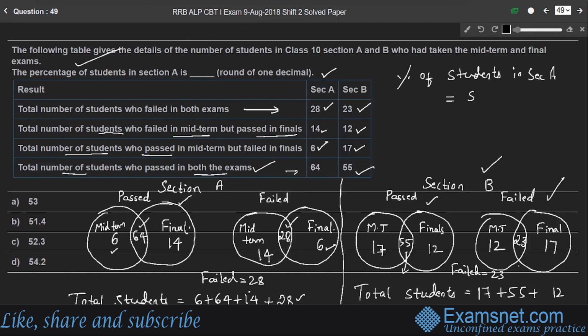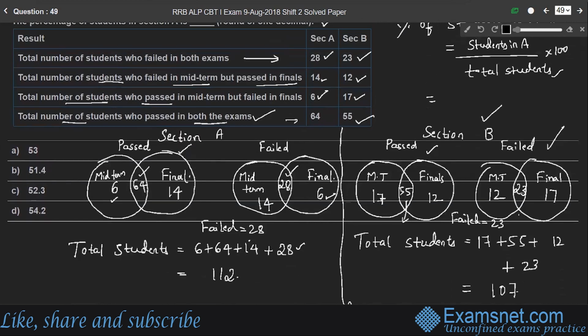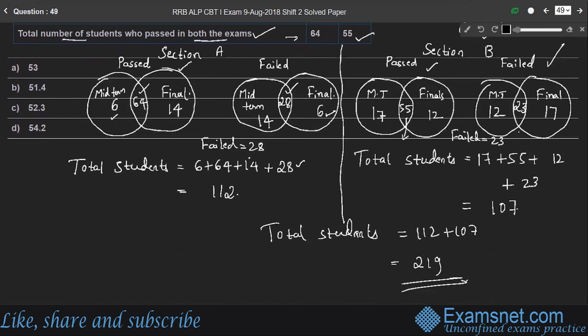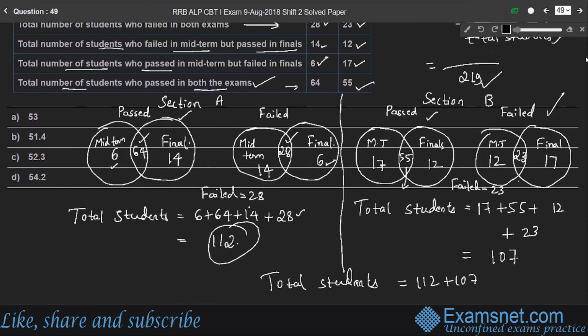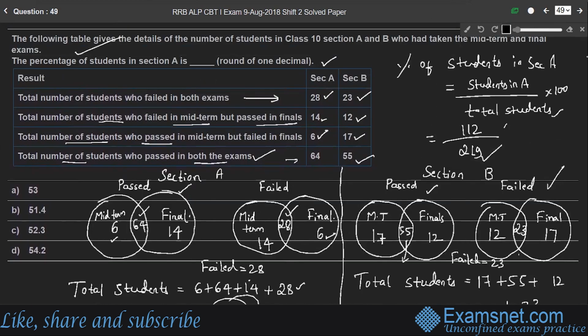Therefore, students in section A divided by total students into 100. That means out of these many students, which are 219, am I right? 219, right? So how many students are from section A? 112, right? 112 are from section A. Therefore, out of 100 students, that gives percentage of students.